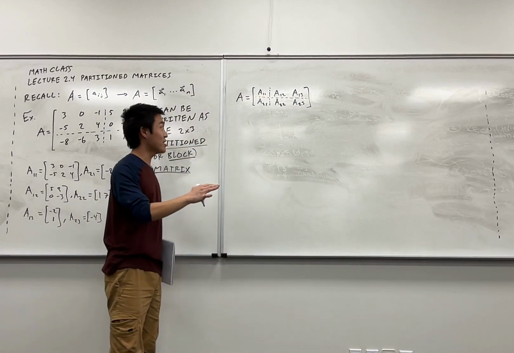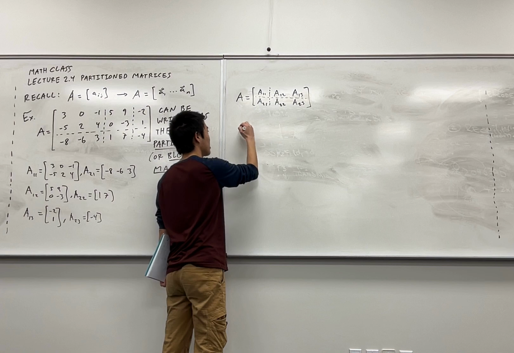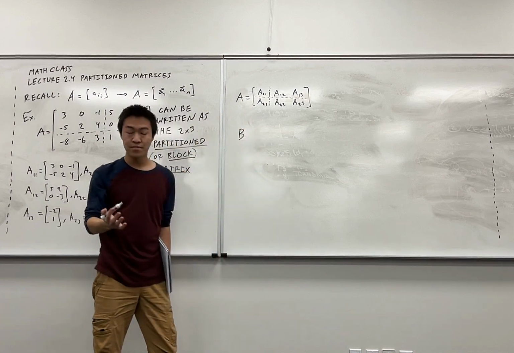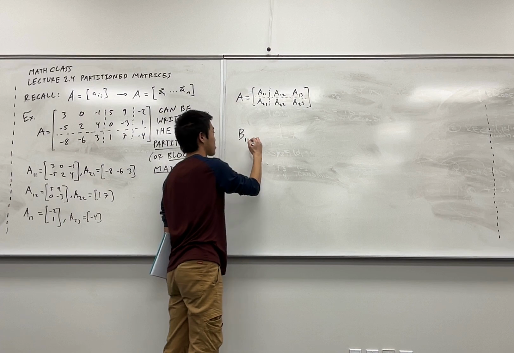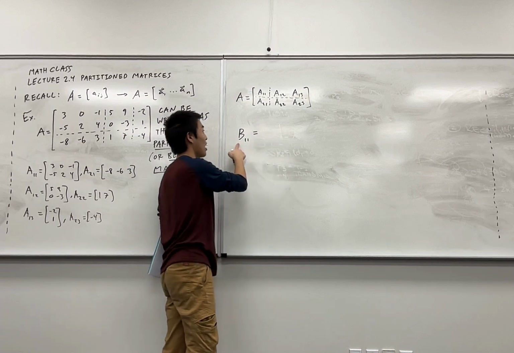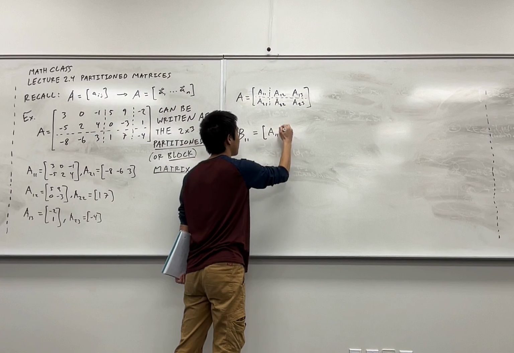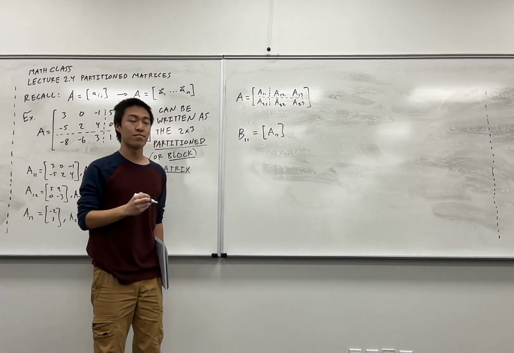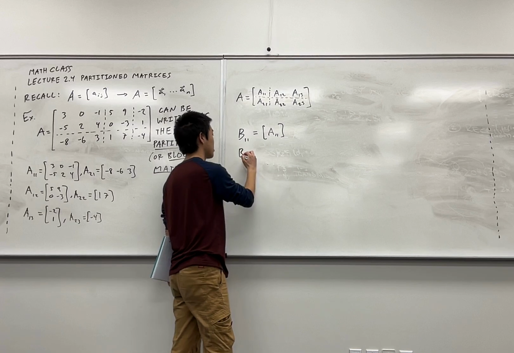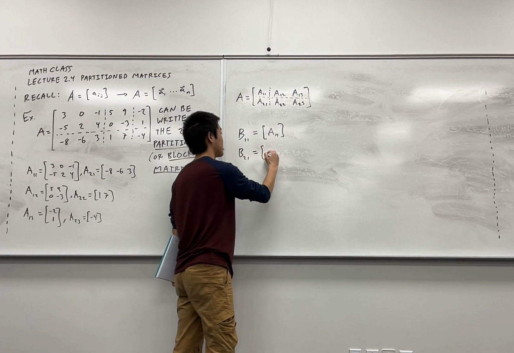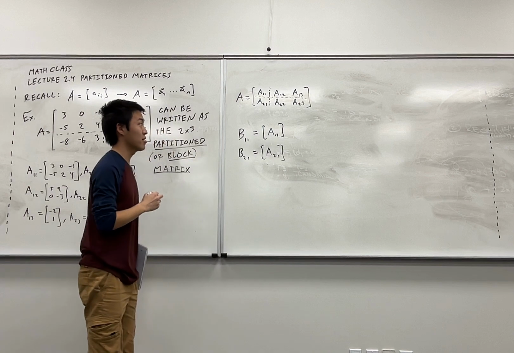If I want to think of this, I need to come up with a different notation for my blocks. So maybe I use B. Then this, in the first row and first column, is going to be A11. And how do I call this one? In the second row and the first column, that is the block of a block, A21.